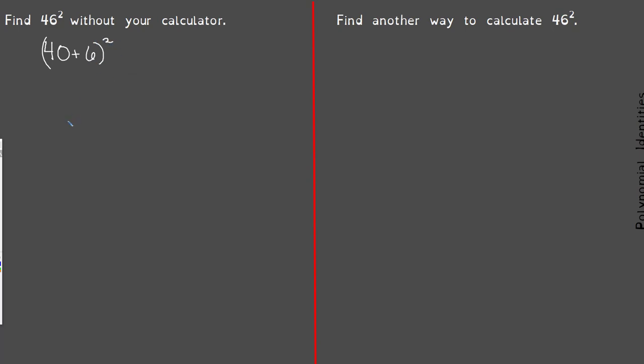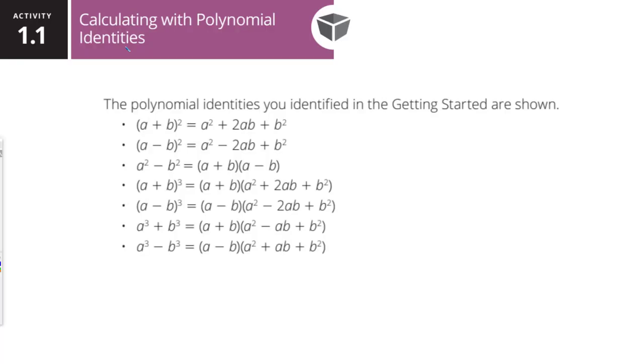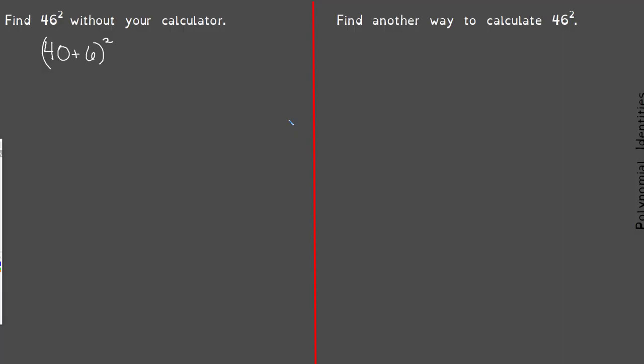And so I'm going to square those 2 things. And so remember that the shortcut said that if I have a plus b squared, I square the first, double their product, square the last. And so I'm going to kind of show you what it would look like if I was actually to write it out. But honestly, when I do this myself, I just go ahead and go straight to writing the number. I'm just showing you what's in my head of what I'm doing math-wise.